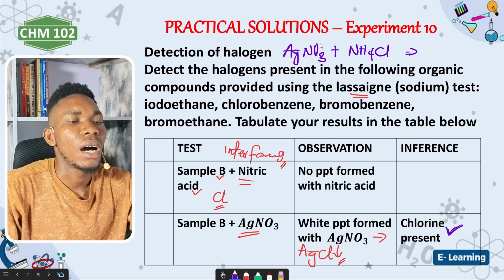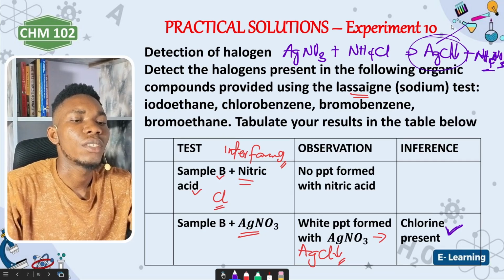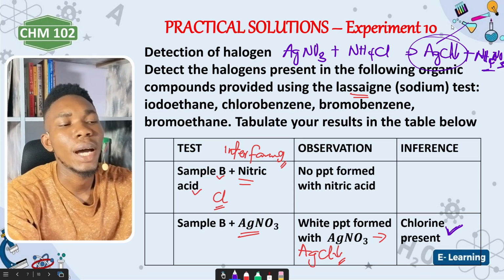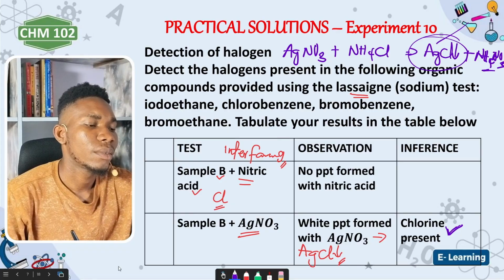The nitrate group will always displace the NH4. So chlorine will now react with the silver, and then you are going to form what? Silver chloride as a precipitate, plus ammonium nitrate. This is one of the simple tests in the laboratory that is used for preparation of chloride ion. All right? So that is that for this particular one.